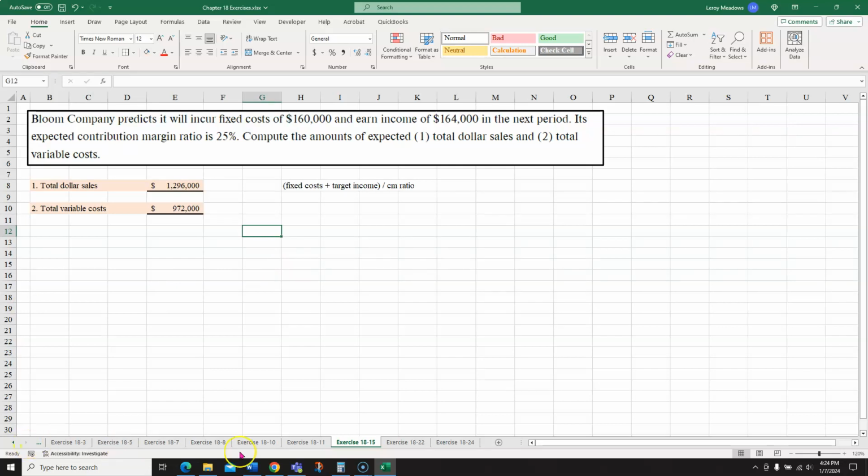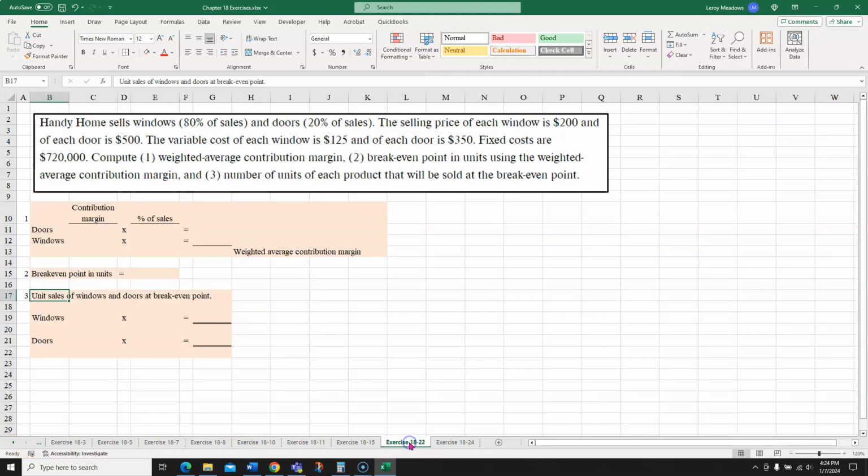Okay, let's take a look at exercise 18-22. Now here we have a break-even point with multiple products. Handy Home sells windows, which accounts for 80% of the sales, and doors, which accounts for 20% of sales.